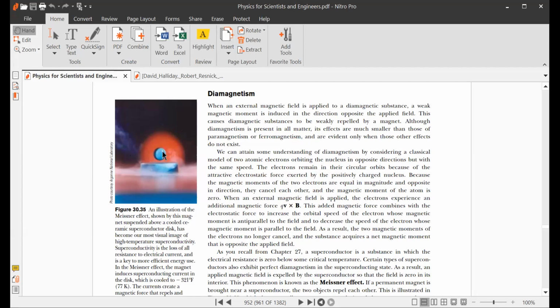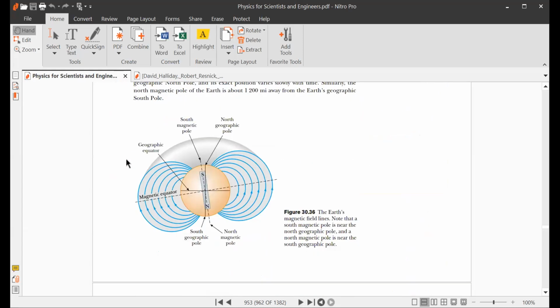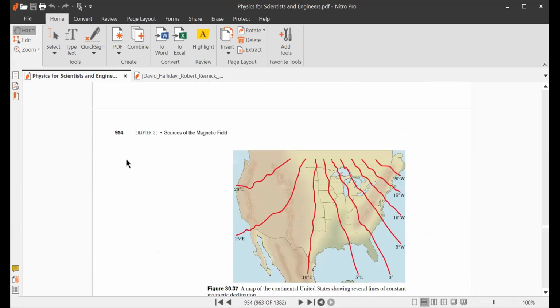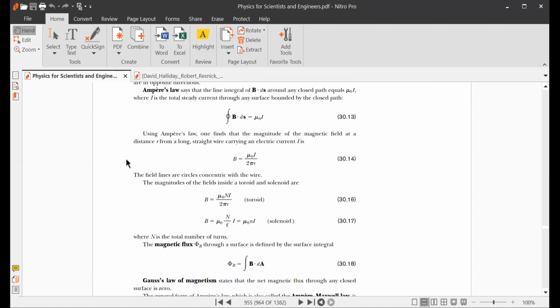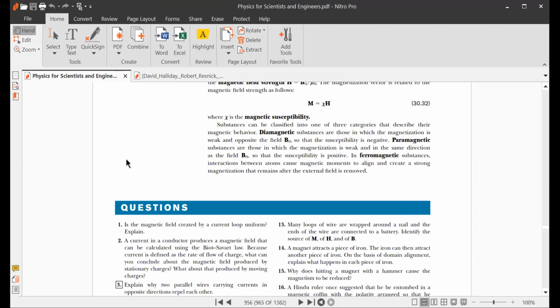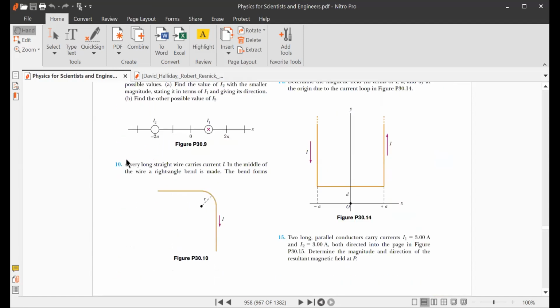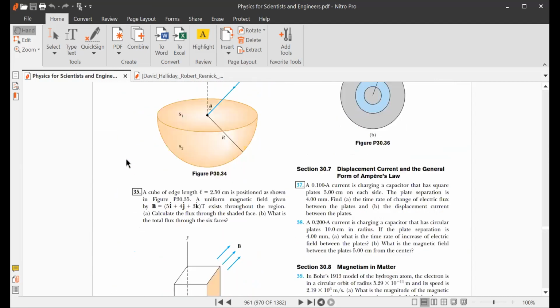It will levitate over this here. The magnetic field of the Earth is very, very weak. Any question? So far, no. Okay, we will continue to magnetic induction.